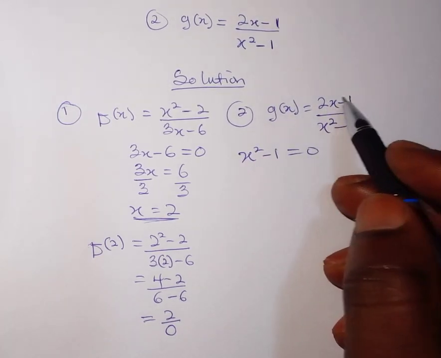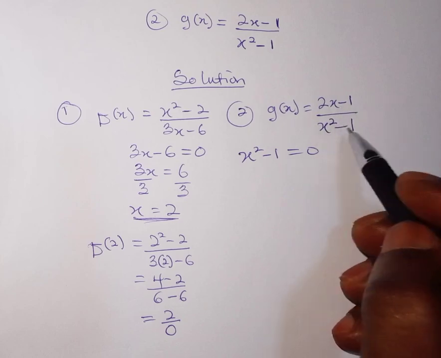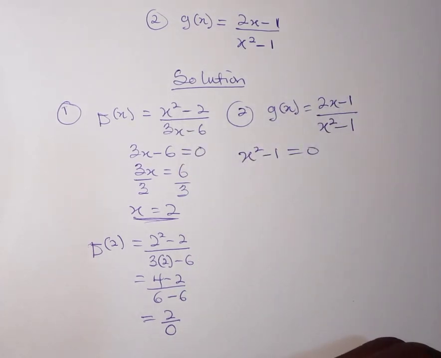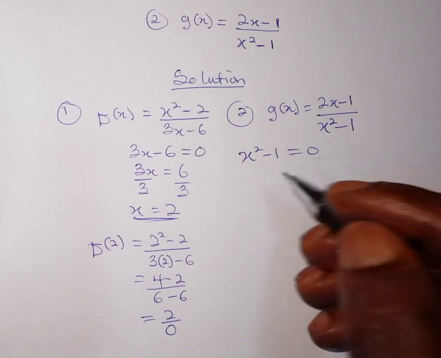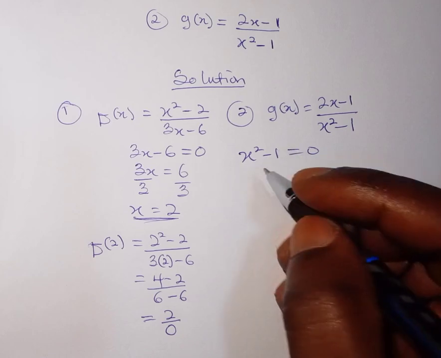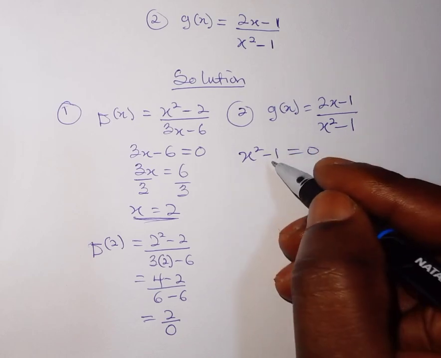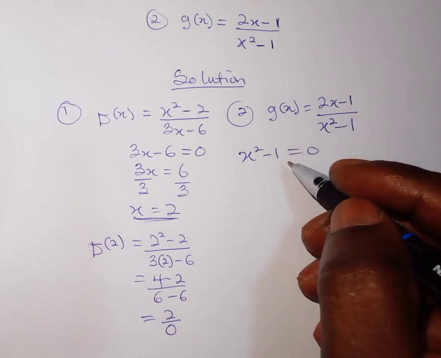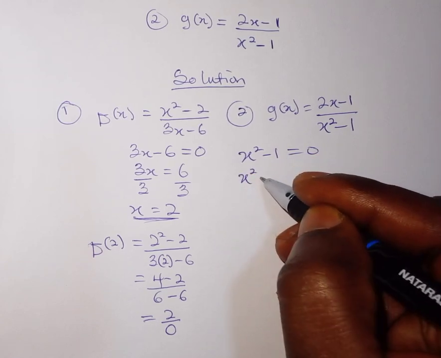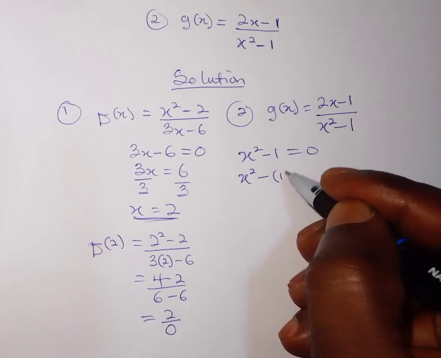So we ignore the numerator and deal with the denominator, because all these examples are rational functions. If that is the case, then let me do it this way. I can write this as this.